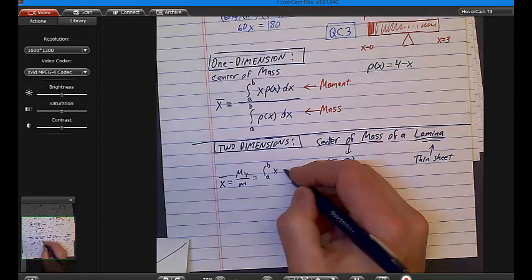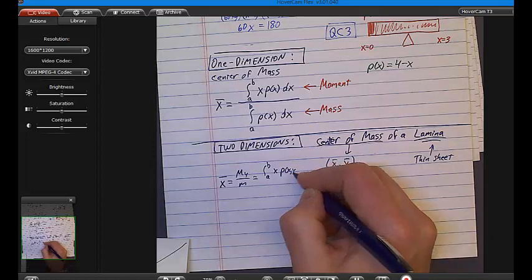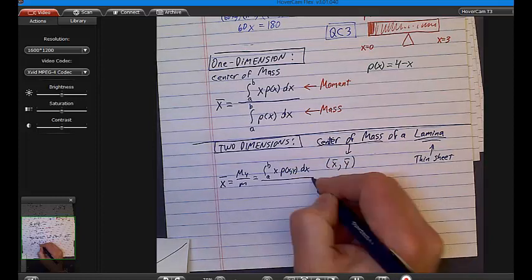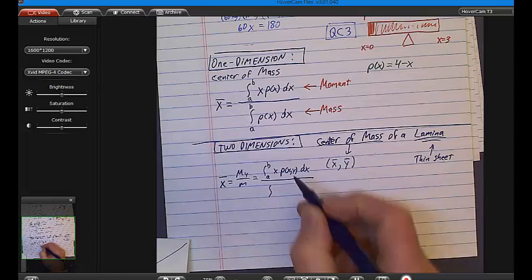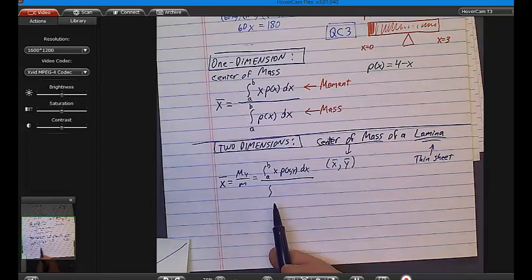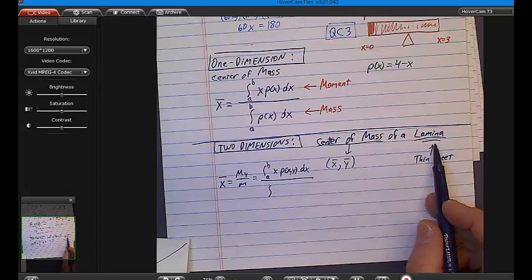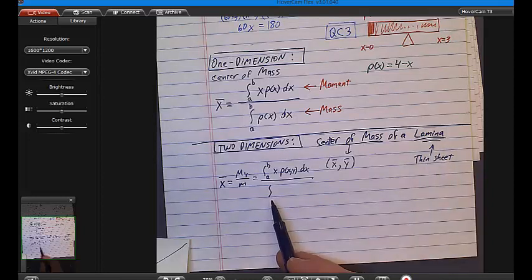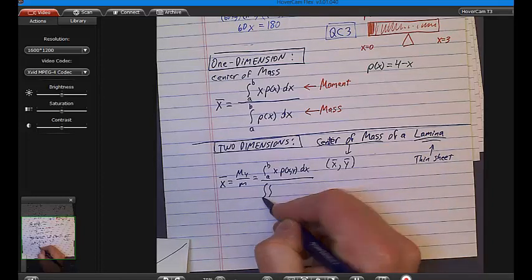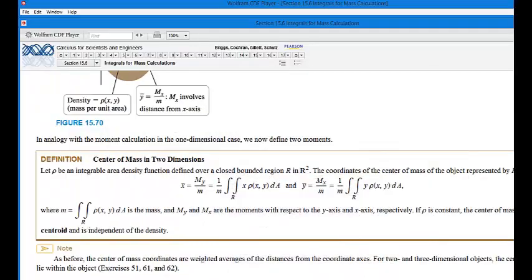It's the integral of x rho of xy dx over the mass. Oh, but the mass this time, there is an issue here, right? Because how do I get the mass of a 2-dimensional object? I can't do it with a single integral. I need a double integral of the density, and actually we'll need a double integral for the numerator also.